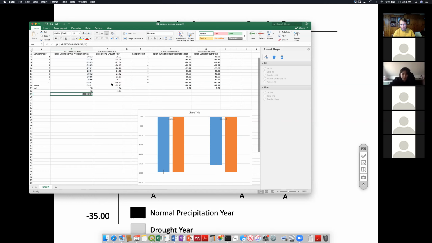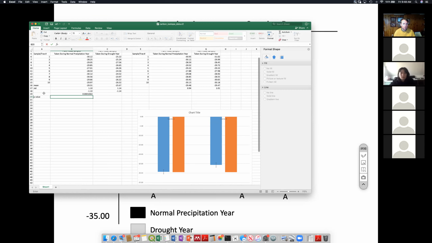So this value is the probability that these are different species. If I wanted that in percentage, I could go like this, equals. So this is my p-value.